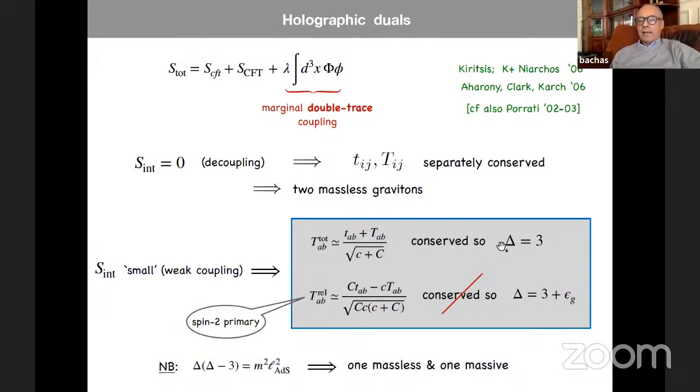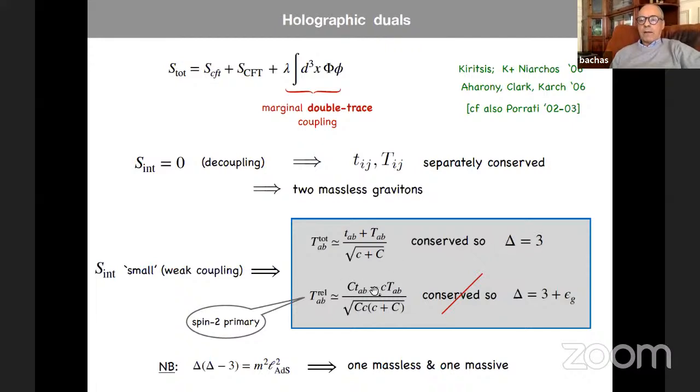So a conserved energy momentum tensor has scaling dimension 3. And if you use the dictionary of AdS/CFT, which tells you that delta times delta minus 3 is the mass squared in units of AdS radius, this means that that's a massless graviton. So the total energy momentum tensor is massless, is conserved.